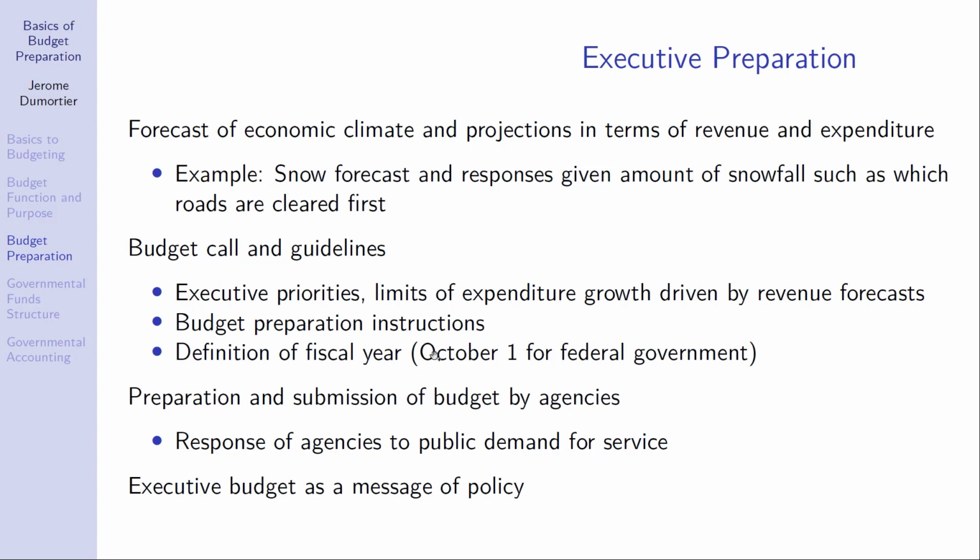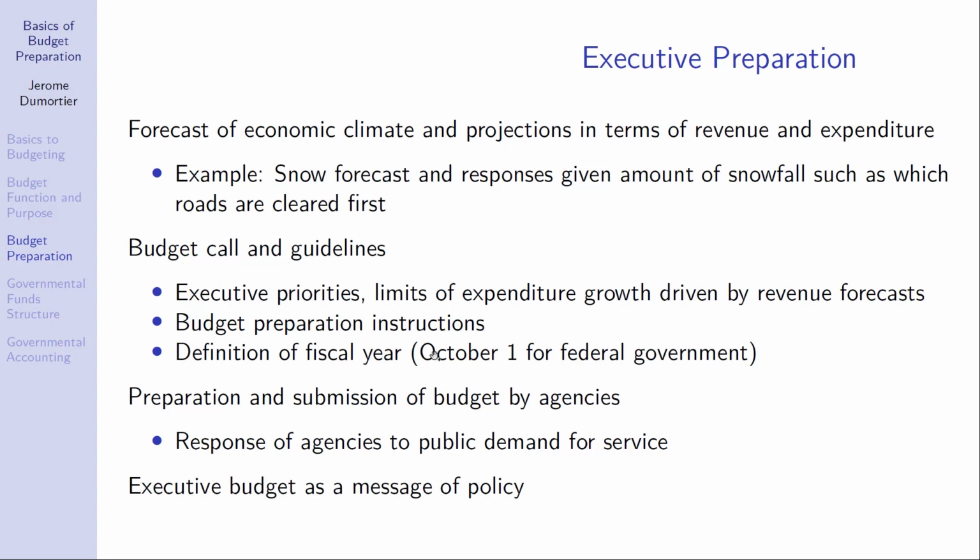Think about these as the policy priorities, but it may also outline the limits of expenditure growth driven by the revenue forecasts. So for example, if the government expects there to be lower tax revenue coming in, then that forecast of tax revenue may actually limit how much individual government units can increase their expenditure.